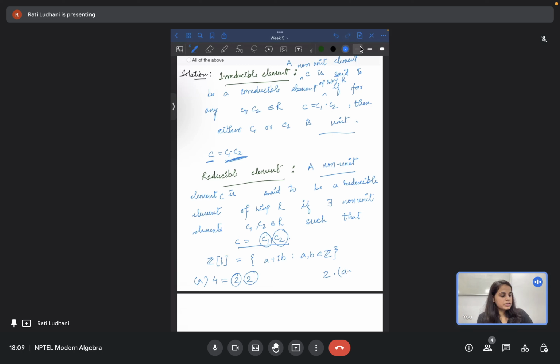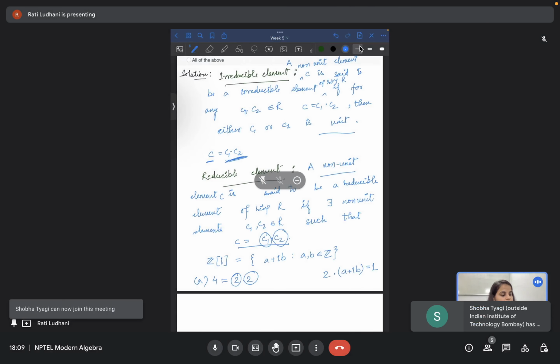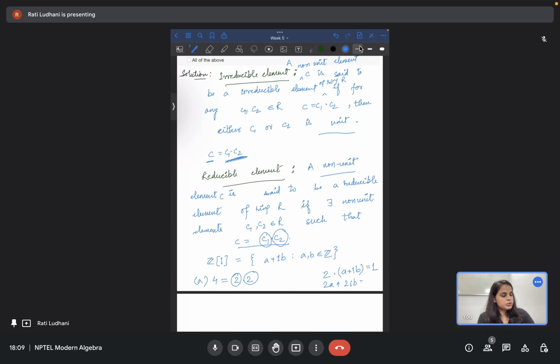For example, there is some element a plus ib, and the identity here is 1, because Z is a subset of it. So 2 into (a plus ib) is equal to 1. So you have 2a plus 2ib is equal to 1.